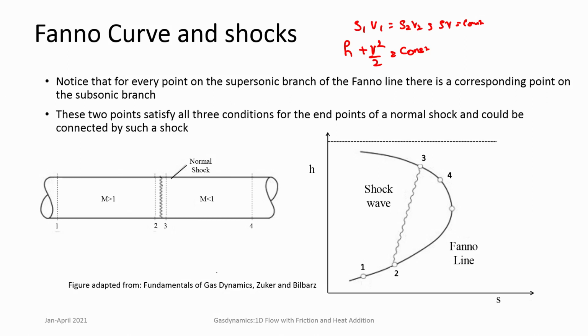We drew the Fanno curve by just considering these two equations, and then we considered G as a parameter and rho can be varied correspondingly, whatever fits in that formed the Fanno curve. And therefore if you look at a normal shock and look at the equations that depict normal shock, they are the same.